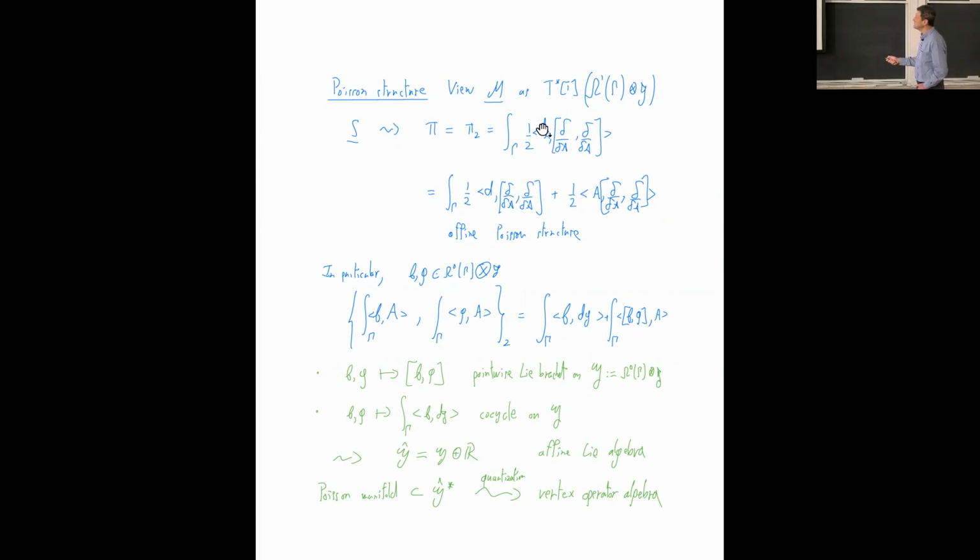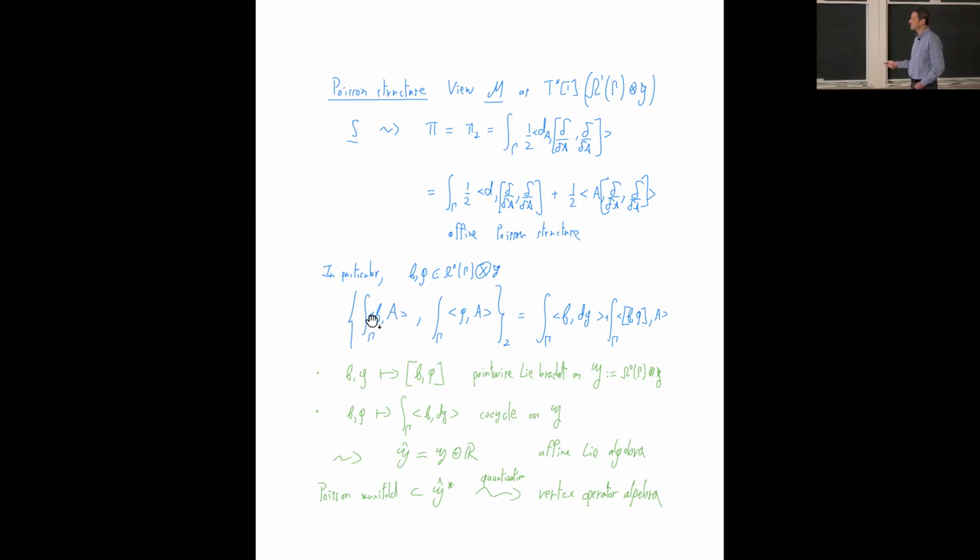Now I split the covariant derivative into the usual de Rham derivative plus the term, the bracket with A. So you see that this Poisson structure has a constant term and a linear term, so it's an affine Poisson structure. It is probably more instructive to see the Poisson bracket of linear functionals on the base space.